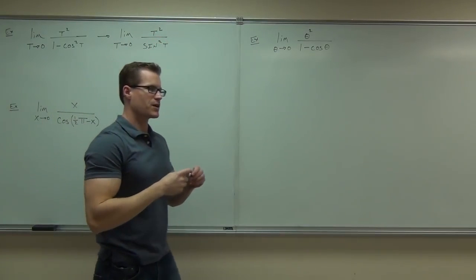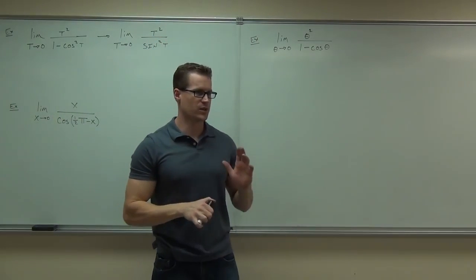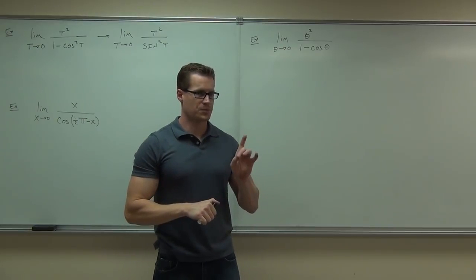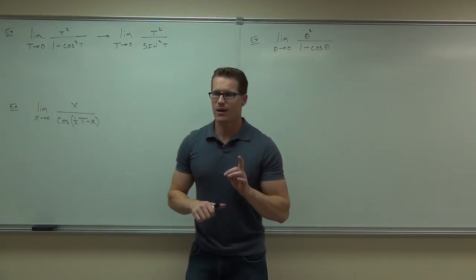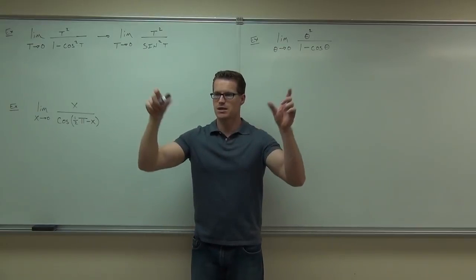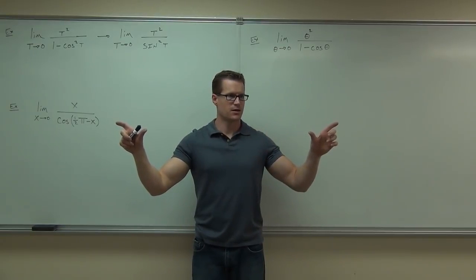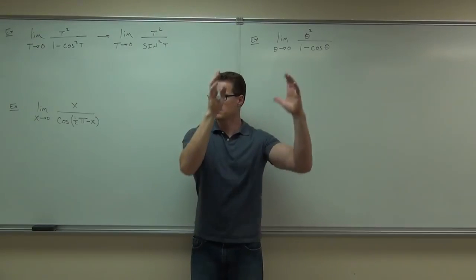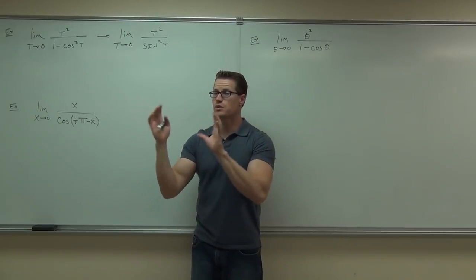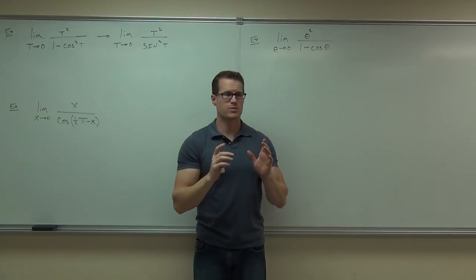Now at this point, there's a couple ways to go about doing this problem. One option is, do you see how I could break this up? t times t, sine times sine. You could have t over sine times t over sine. You could break each of those up as different limits. Each one of those limits would be going to 1.